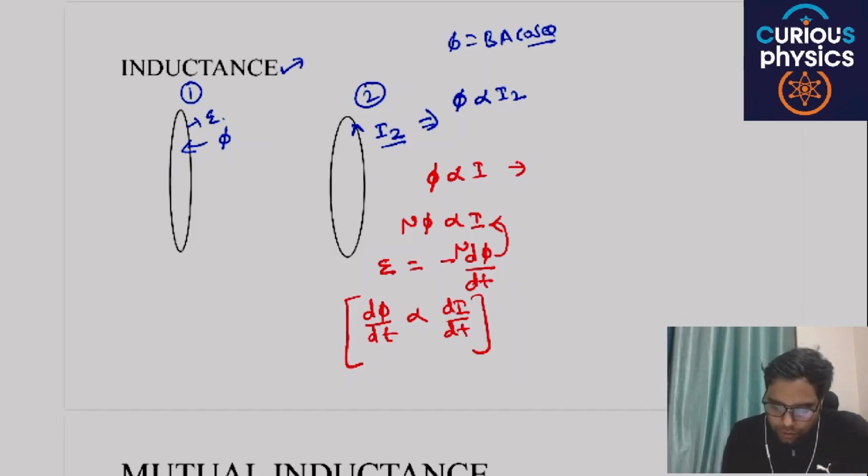Then, if you want to remove the sign of proportionality, you have to introduce a constant.